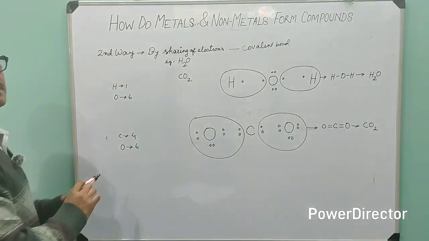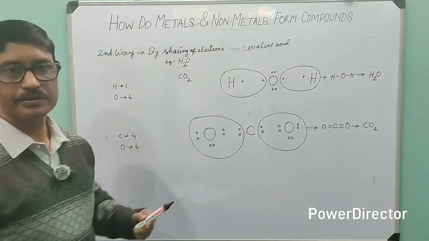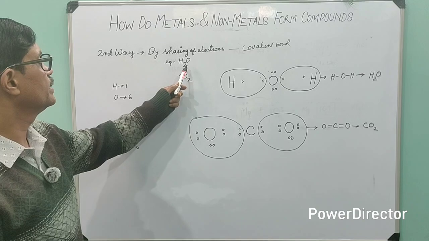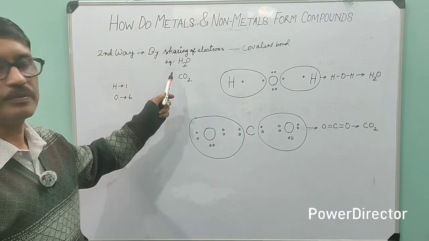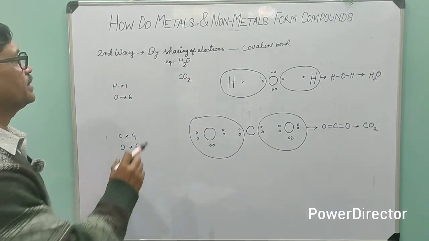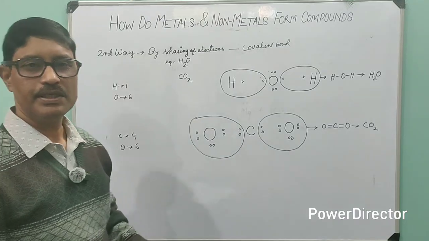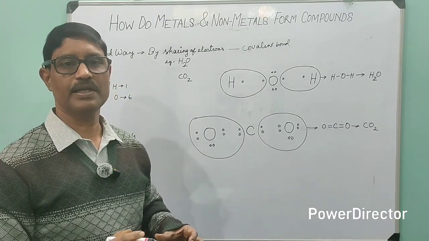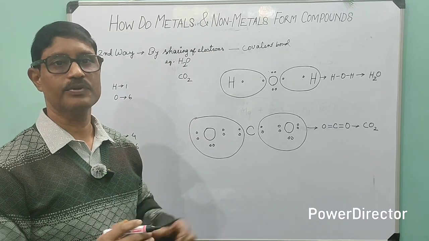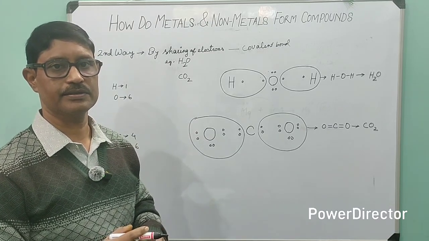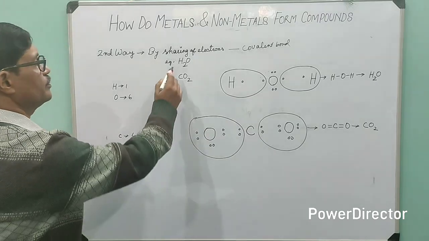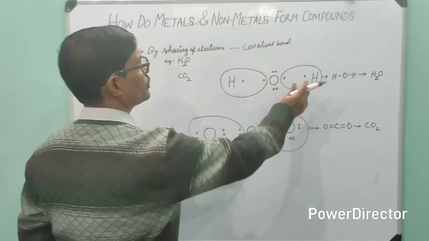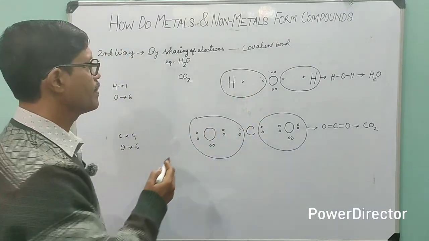Second way, by sharing of electrons. Example: I line up water and carbon dioxide, and how these are formed. By sharing of electrons, both atoms share the same number of electrons. In case of water, line up this way: hydrogen at both corners, oxygen in the middle.